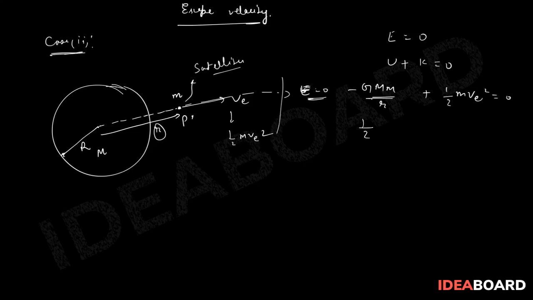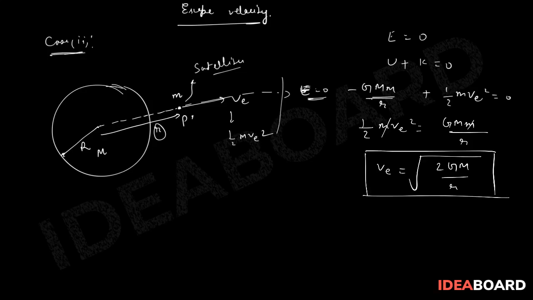So we can write half m V_E square is equal to G capital M small m upon r. So m is cancelled out, and V_E is equal to under root of 2GM upon r. This is the result of case number 2.